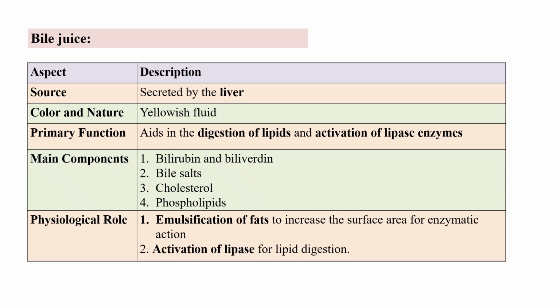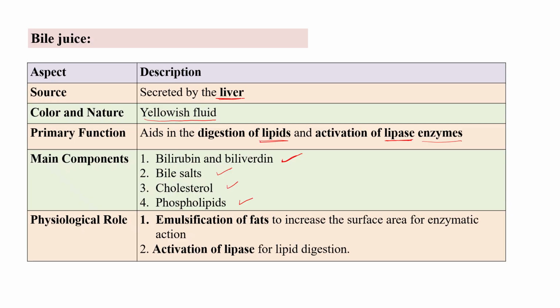The bile juice is secreted by the liver and it is a yellowish fluid, and it aids in the digestion of lipids and activates lipase enzymes. The main components of bile juice are bilirubin, biliverdin, bile salts, cholesterol and phospholipids.